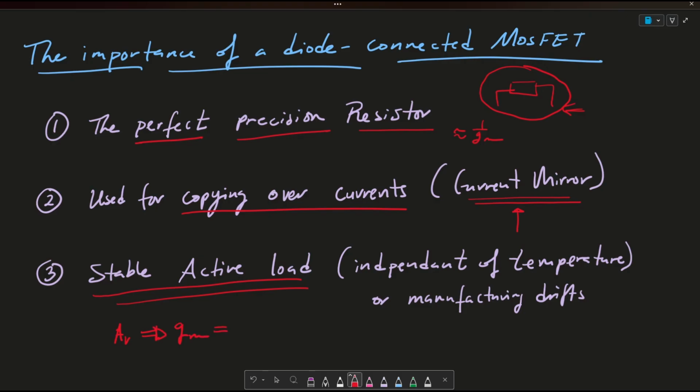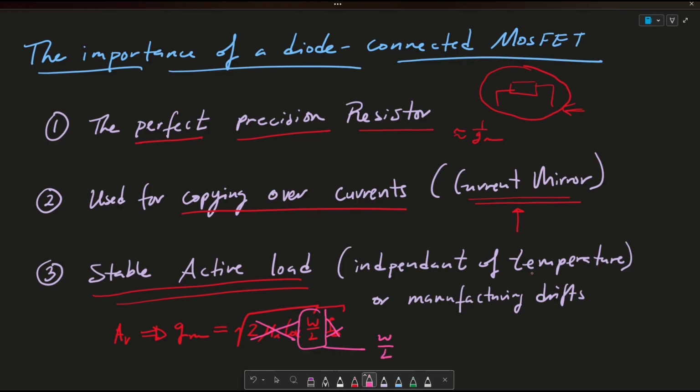The Gm equation is 2 mu n Cox W over L ID, where we could manipulate the active load to only be a variable dependent on the width and the length of my MOSFET.